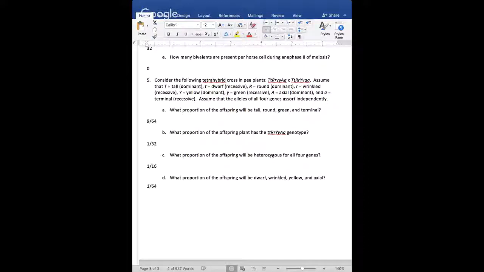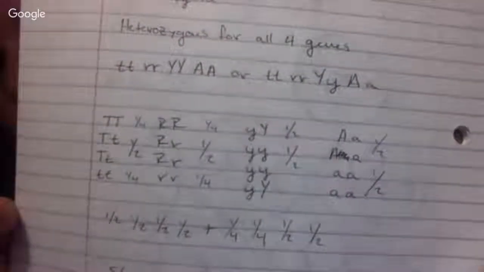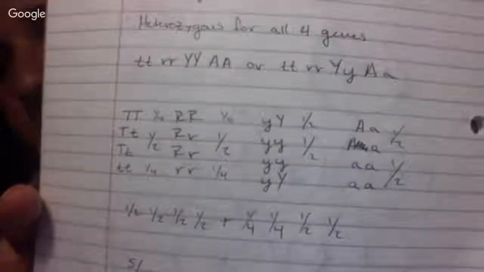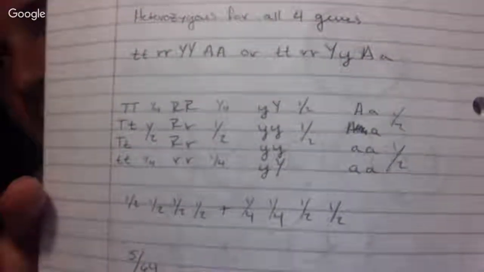They asked what proportion of the offspring will be tall, green, and terminal. What I ended up doing was listing all of the different possibilities of each genotype happening.